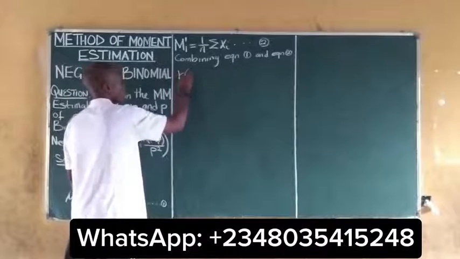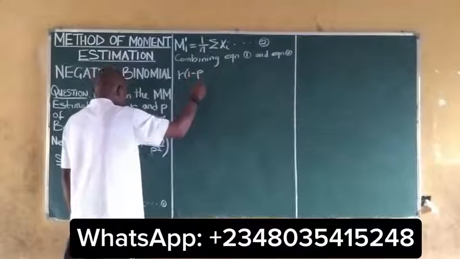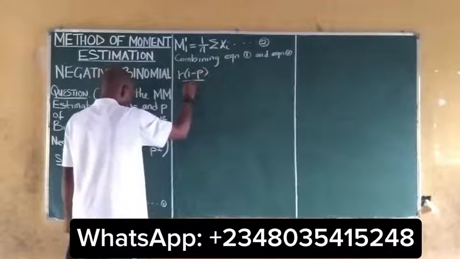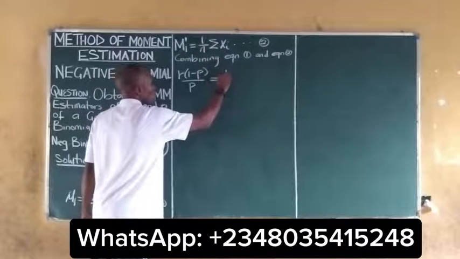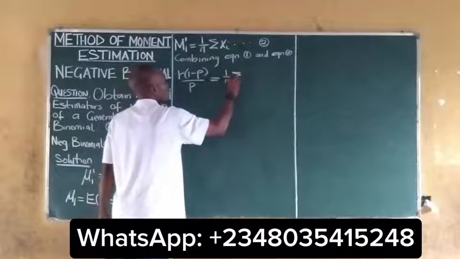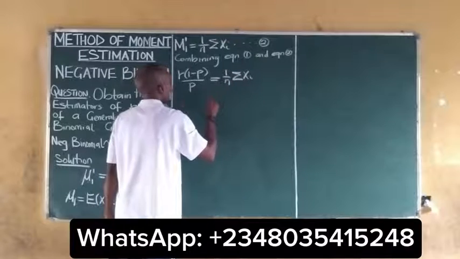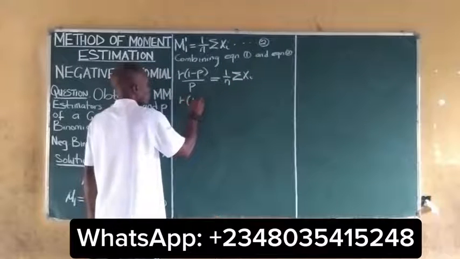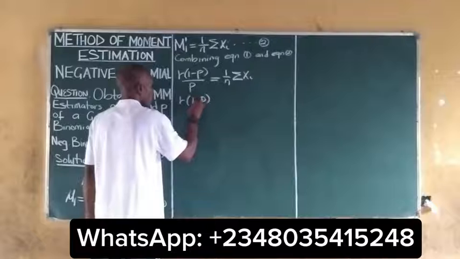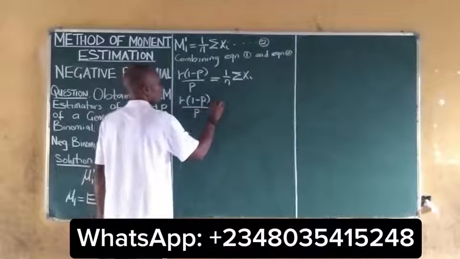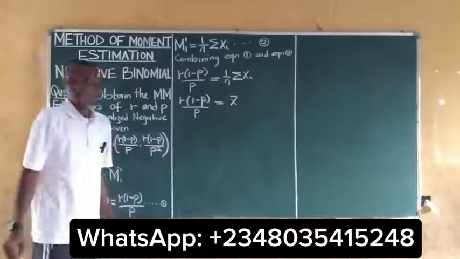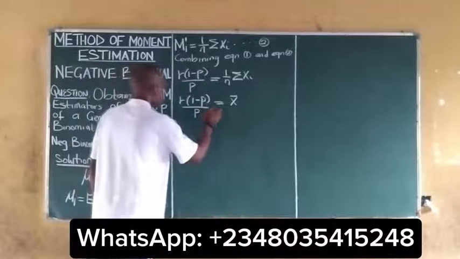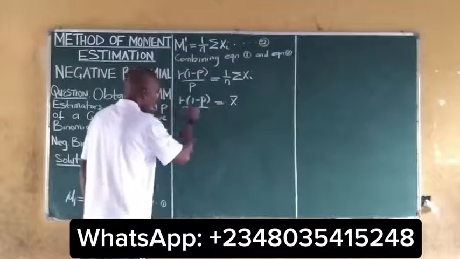r(1 minus p) all over p to be equal to 1 all over n summation of xi. Of course, we know that this is the mean. So it then means that we cross multiply.